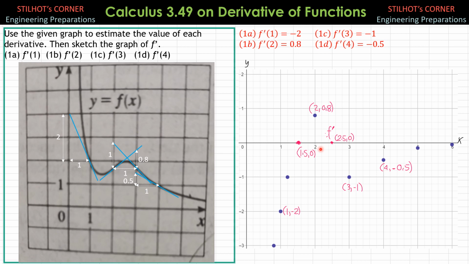Then when x is 1.2, it should pass through this point here. Sorry, 1.2, so it would be somewhere here. So there is a point where it is negative 1.